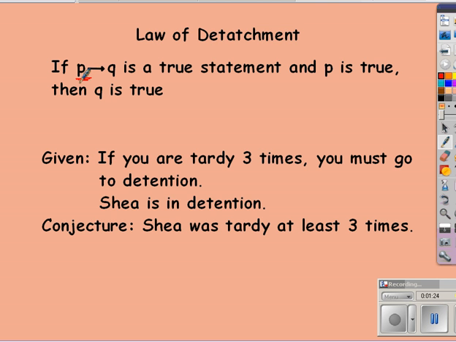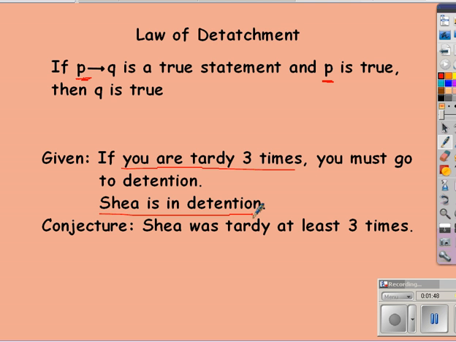The hypothesis in our conditional has to be true, and it has to match with the statement that they give you. In this example, the hypothesis, P, is you are tardy 3 times. Does that match with the statement they give you, Shay is in detention? In this case, no.